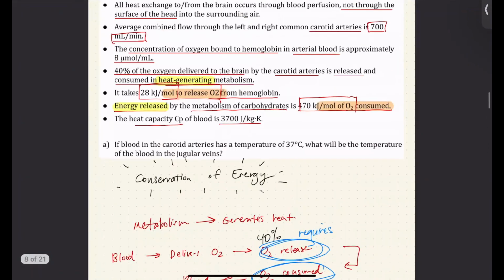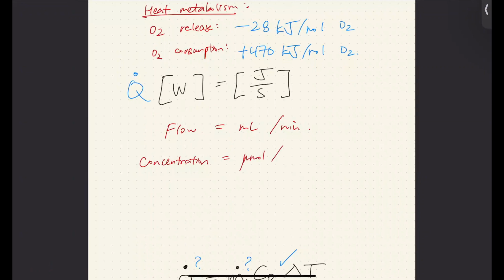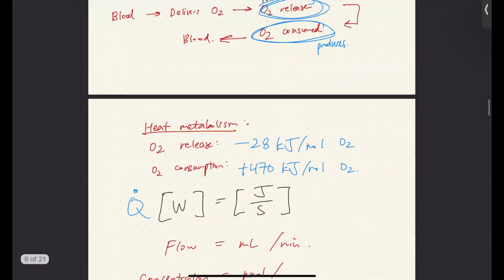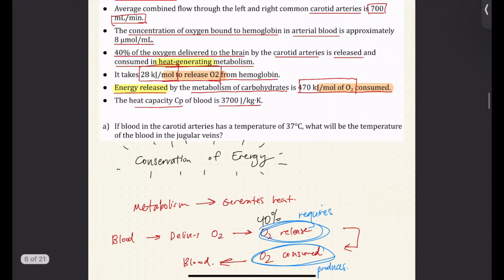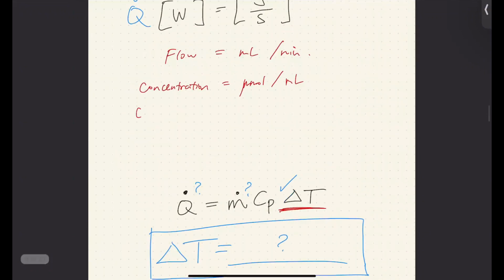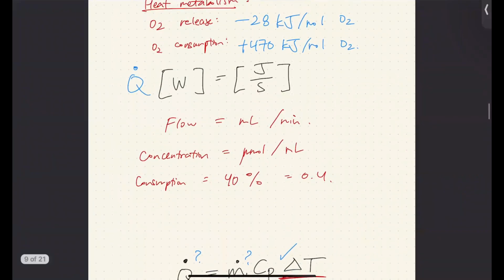We know concentration is micromole per milliliter, right? And we also know 40% of it's consumed, 40% of the moles. So that's also 0.4 out of 1. That should give you enough information to keep going on this.